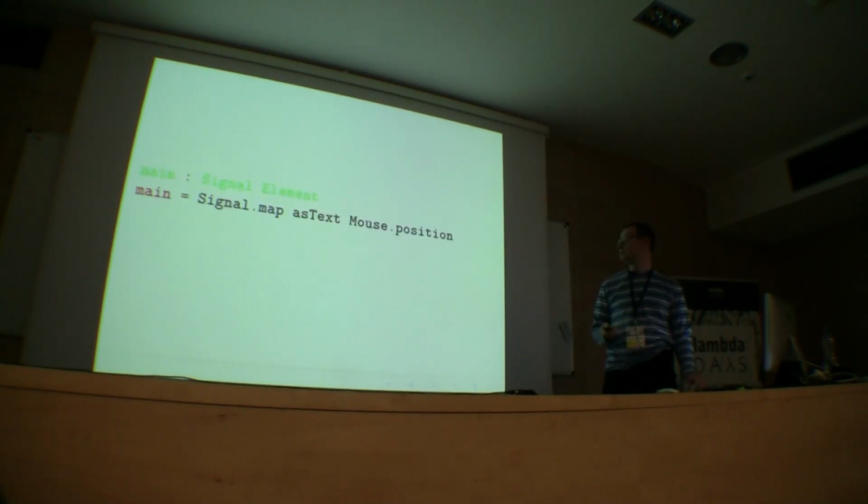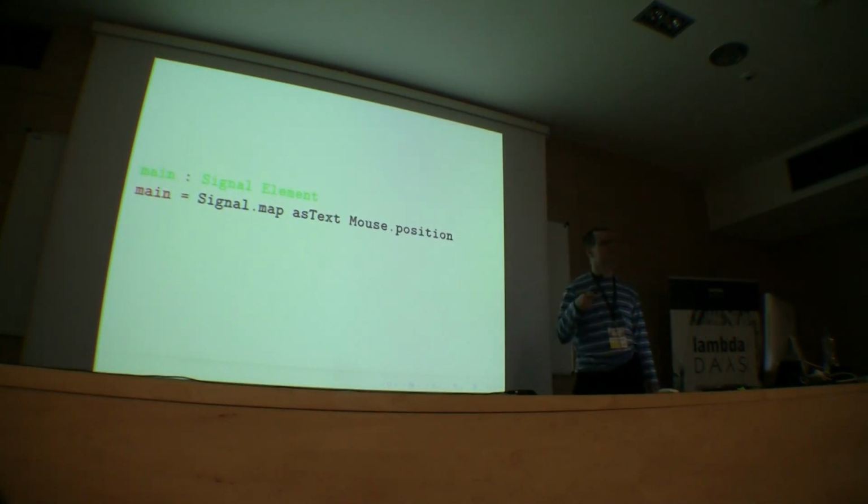An example of this is a signal that represents the mouse position. So the mouse pointer can move, its position can change, so it's represented as a signal. The type of the mouse position is a signal of a tuple, where the tuple has 2 integer values.